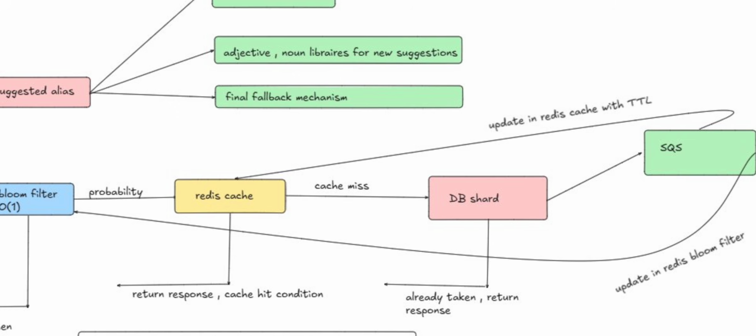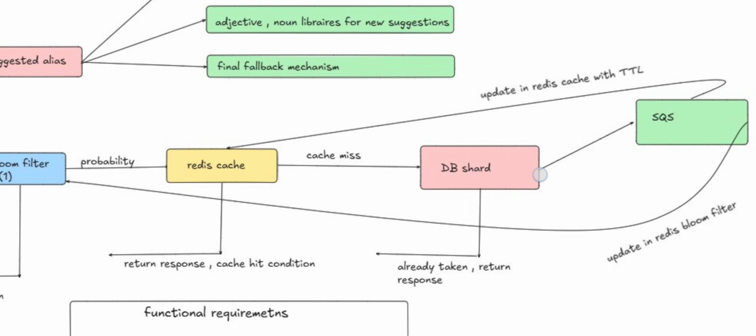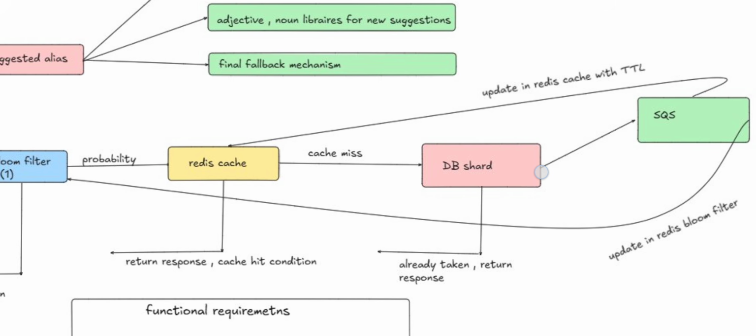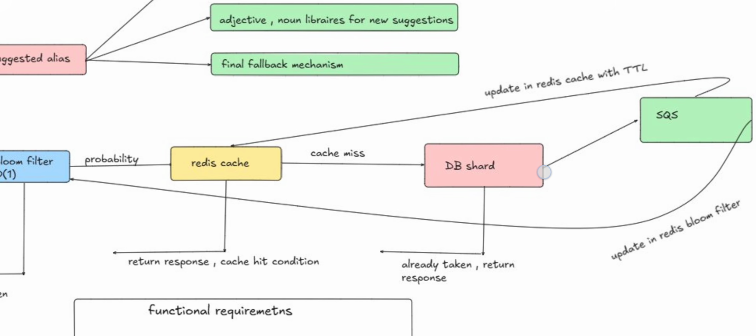So if you just got a very huge chunk of traffic, and many people from that traffic are picking similar kinds of aliases, then it's better to just add that particular alias in Redis with some TTL, so that your DB won't face any heavy load.